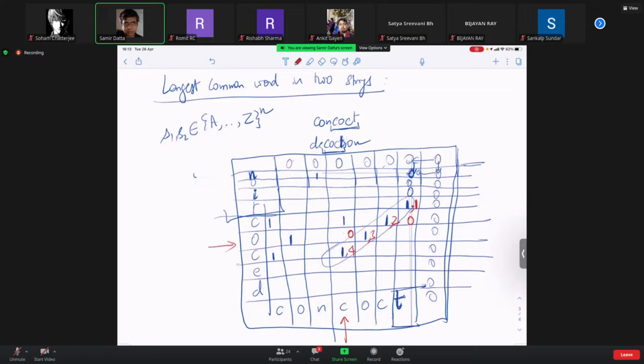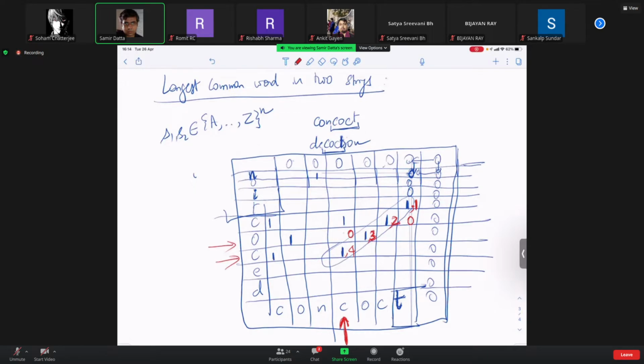Yes, sir. Do not draw this first 0. So do you agree? Yes, sir. On the other hand, this C matches with this C. So there is a path of certain length, and that is one more than the value here, which is one more than the value here, which is one more than the value here.